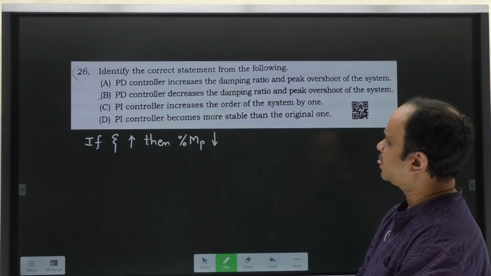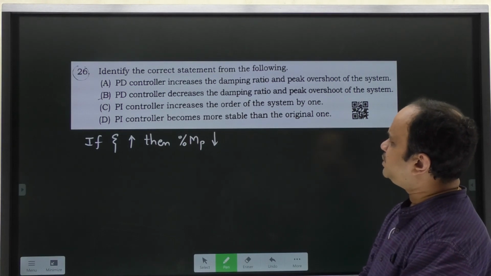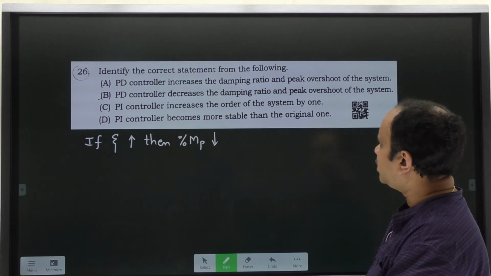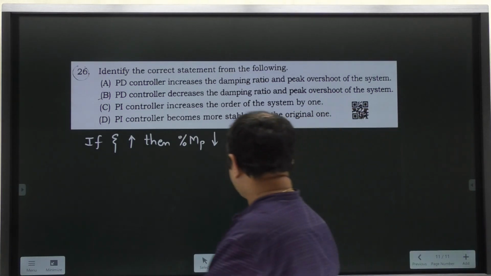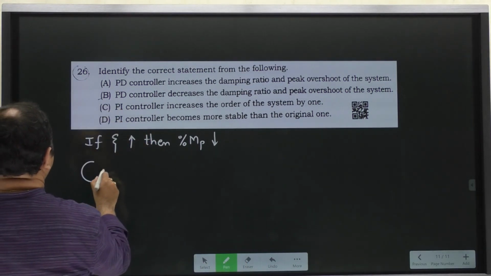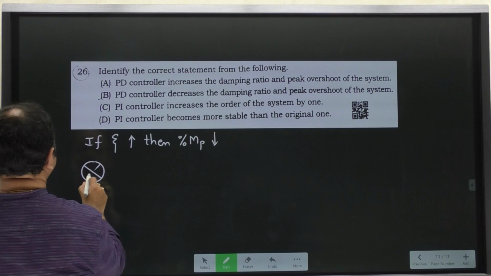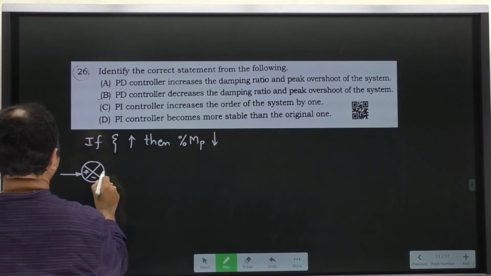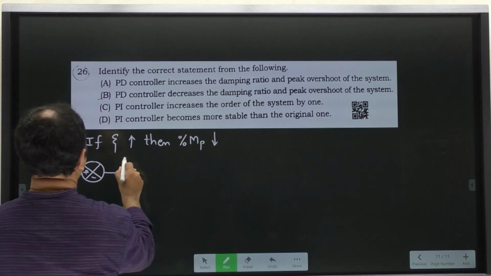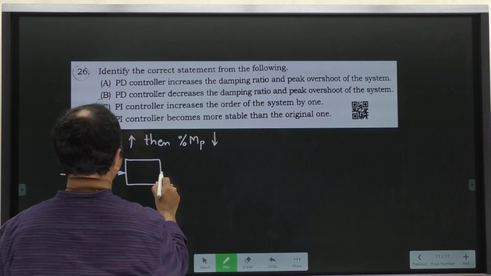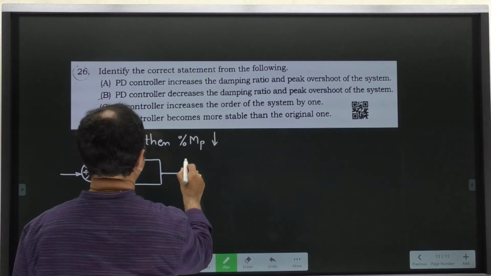you can simply reject it. The next one is: PI controller increases the order of the system by 1. This is correct. So why? Because in a simple cross checking, say for example, let us say some control system, a unity feedback system, there is a controller here, that is a PI controller.